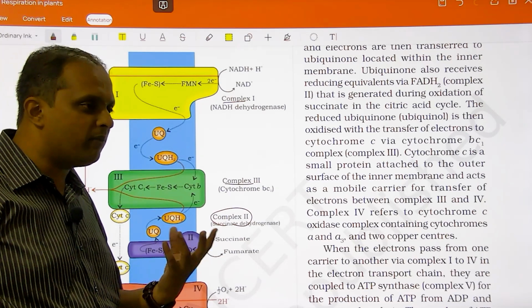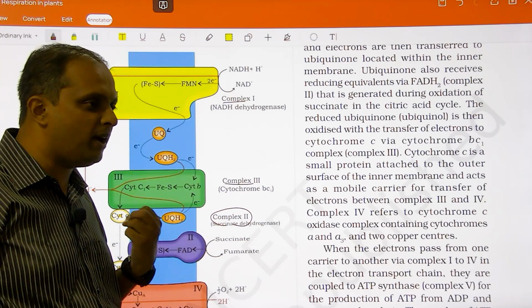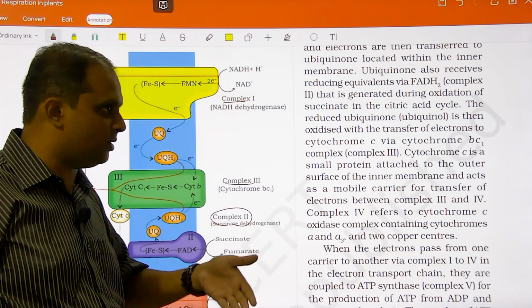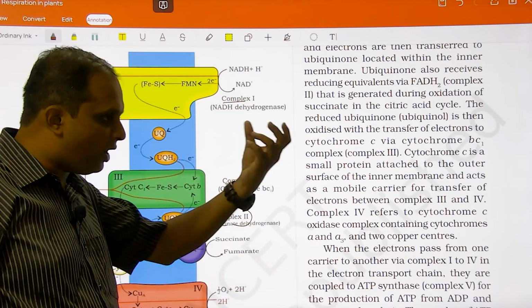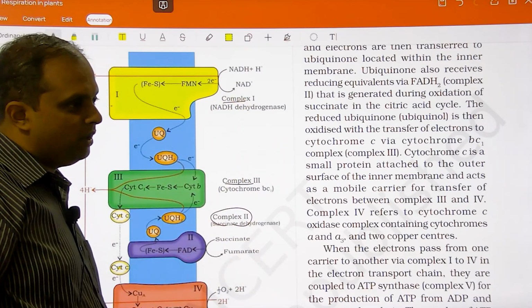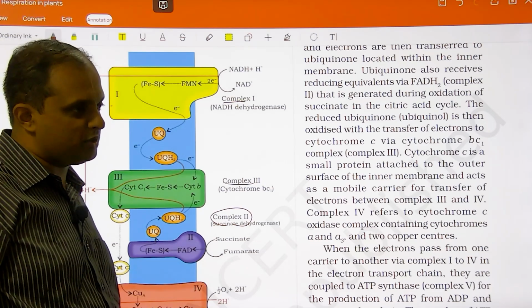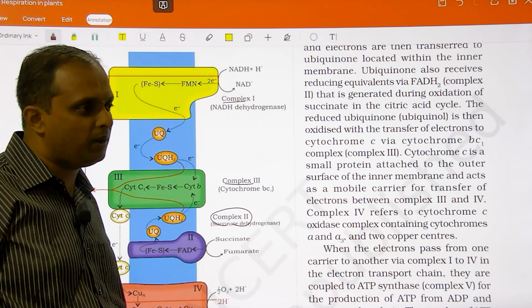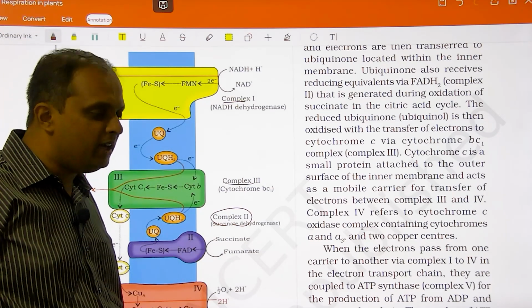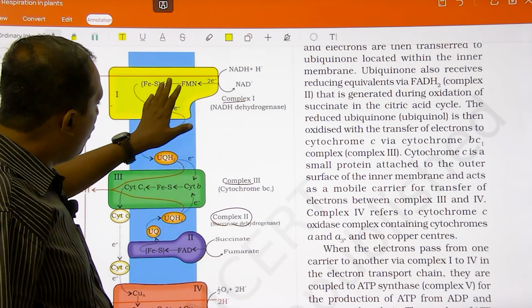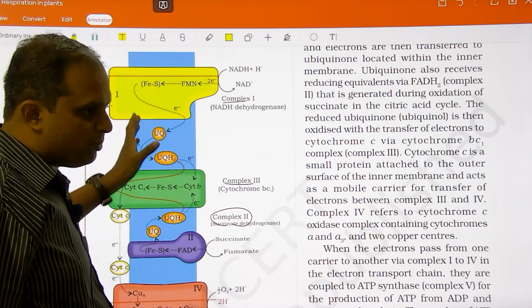At various steps in glucose metabolism, glucose oxidation, some molecules have obtained electrons. They are NADH and FADH2. Both are going to give their respective electrons to this chain and in turn get ATP.